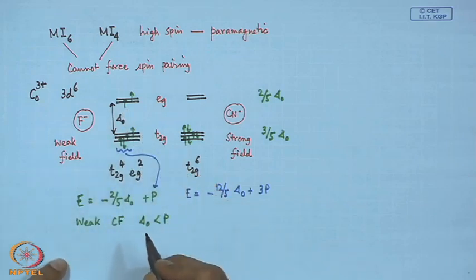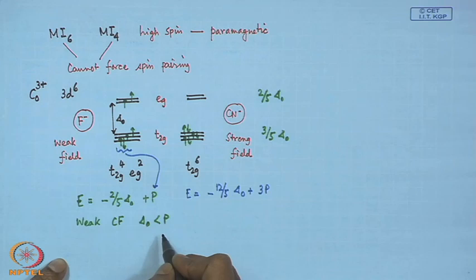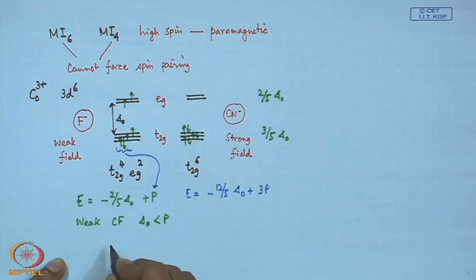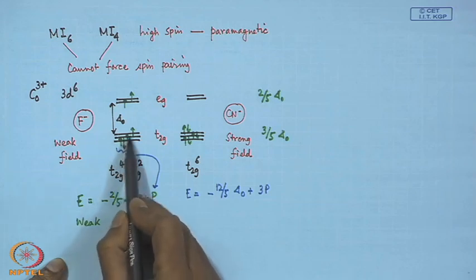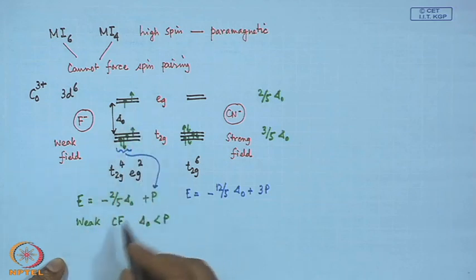So delta O is very small compared to the pairing energy, we have less pairing, and we get the high spin complexes having 4 unpaired electrons.